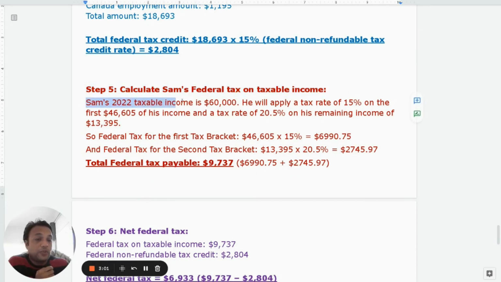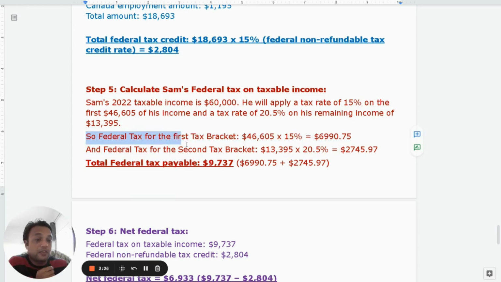Let's find out in step number 5 Sam's federal tax on taxable income. Sam's 2022 taxable income is $60,000. He will apply a tax rate of 15% on the first $46,605 of his income and a tax rate of 20.5% on his remaining income of $13,395.